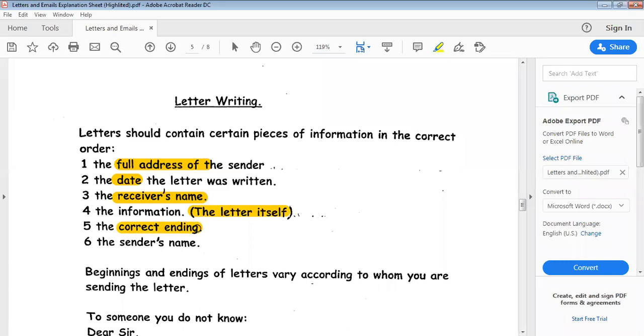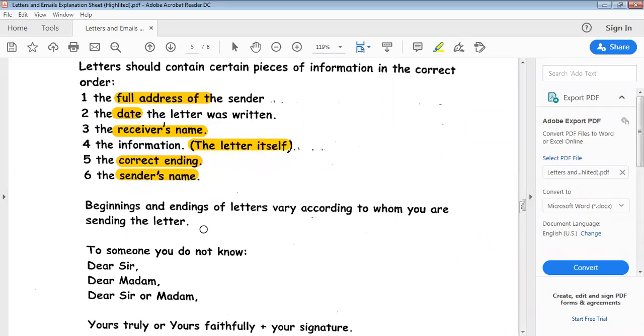If I don't know the name of the person, then I write sincerely or faithfully. Try to remember, okay? If you're writing to your friend, then you can easily write your first name. For example, lots of love, Ahmed, okay? You don't need to sign, of course. You just write the first name if it's an informal letter, okay?